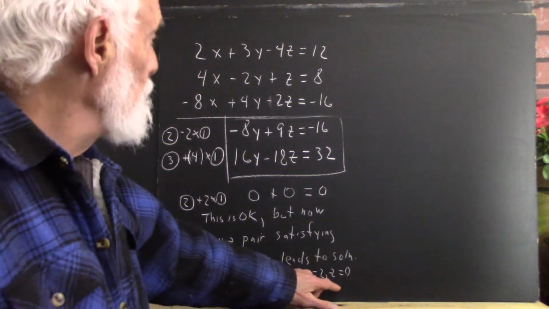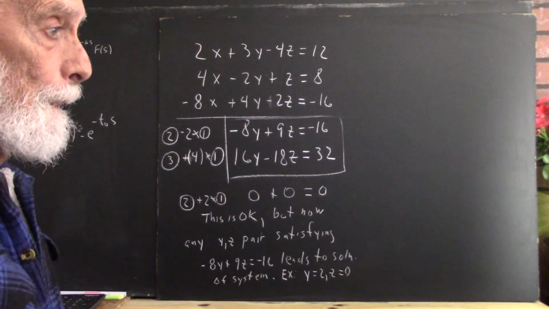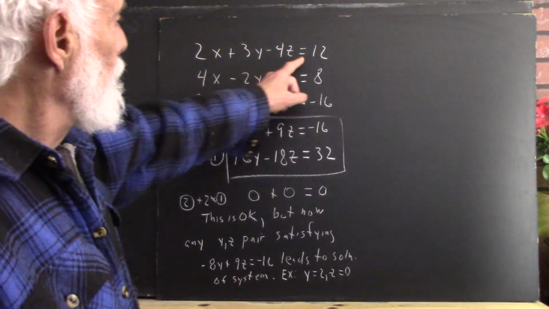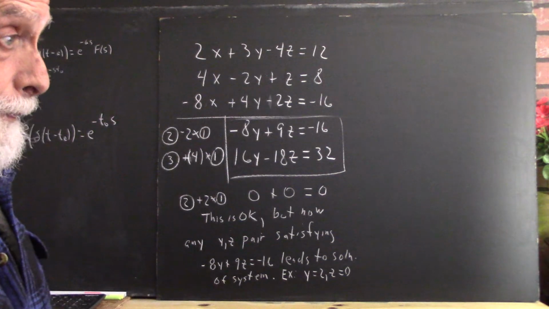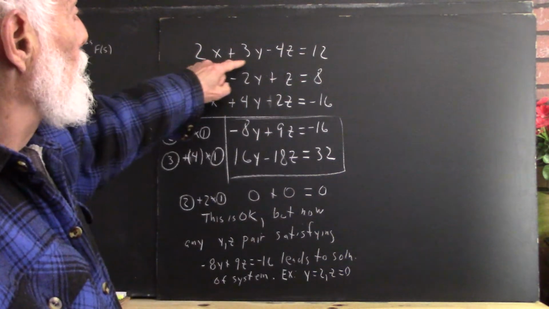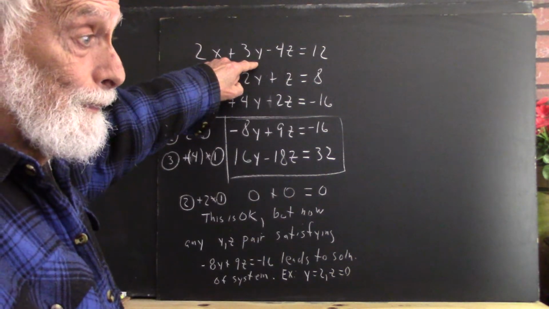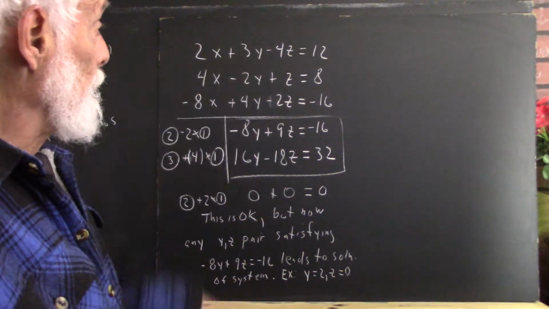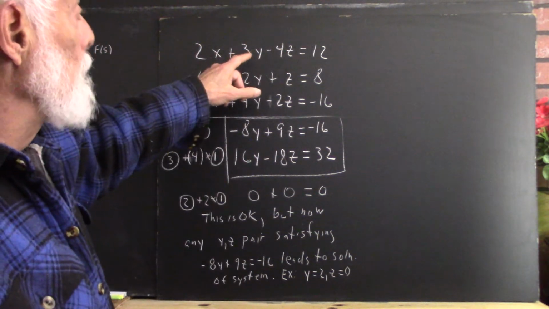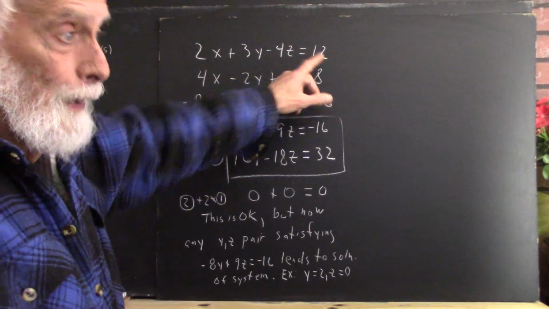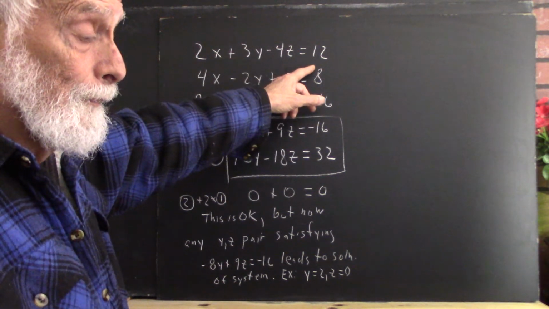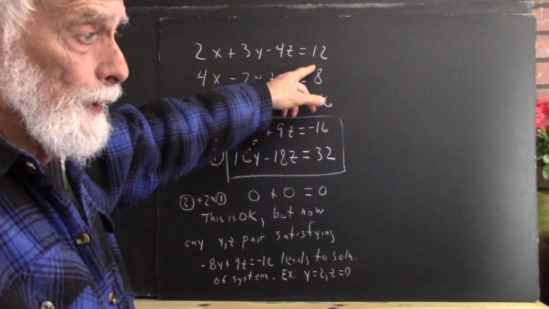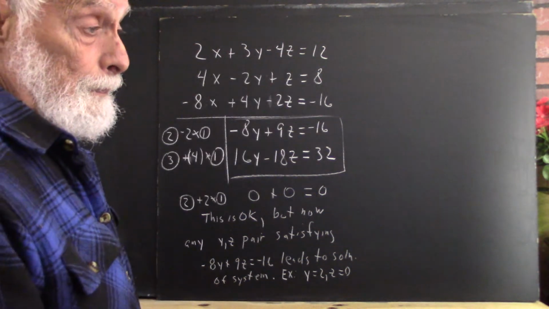If y equals 2 and z equals 0, then we can plug those values into the first equation and easily get a solution. If y is 2, 3y is 6, z is 0, so that's not going to do anything, so we get 2x plus 6 equals 12. Subtract 6 from both sides, we get 2x equals 6, so that x equals 3. Okay?